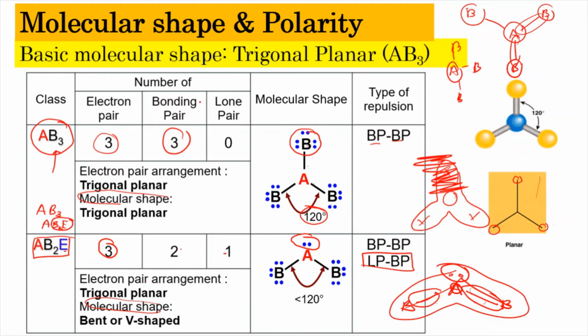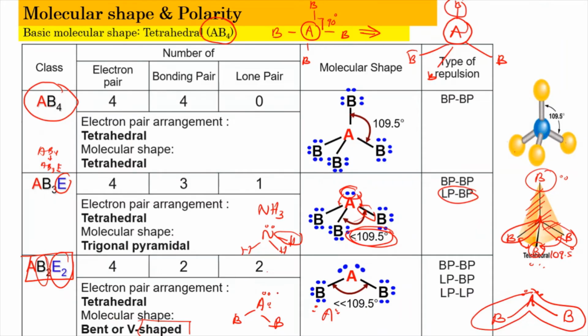The previous one is under AB3 because one of them is a lone pair. As you can see here, there's a presence of lone pair and lone pair. So when there is a repulsion, they're going to push the bonding pairs more strongly, and as a result, you're going to get even smaller than the original 109.5 degrees.